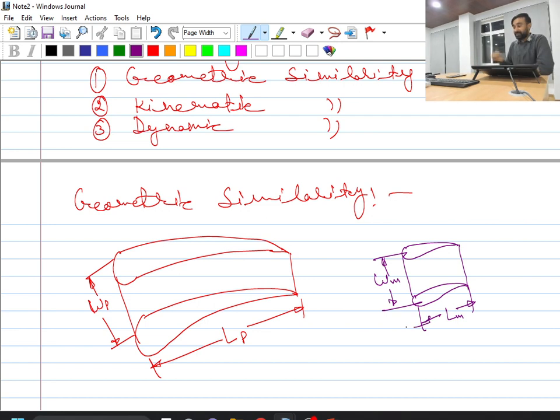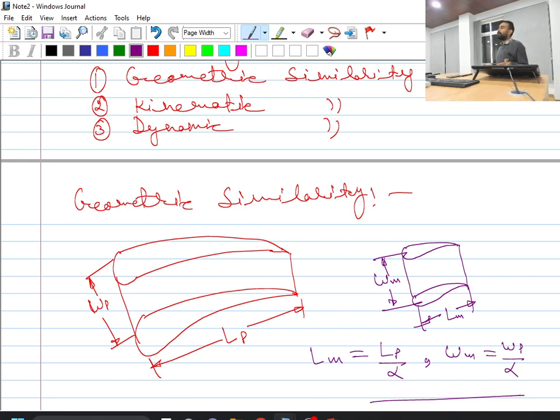If my LM is nothing but LP divided by alpha, then WM should also be equal to WP by alpha. Then only will I be able to ensure the geometric similarity.